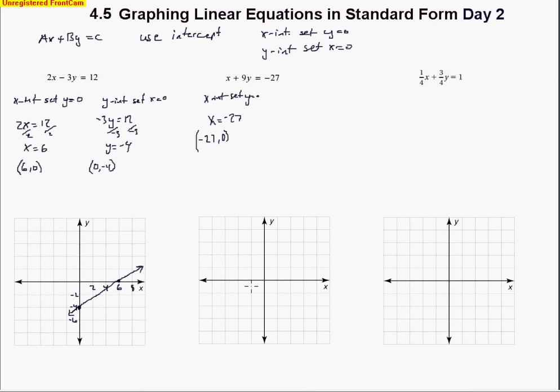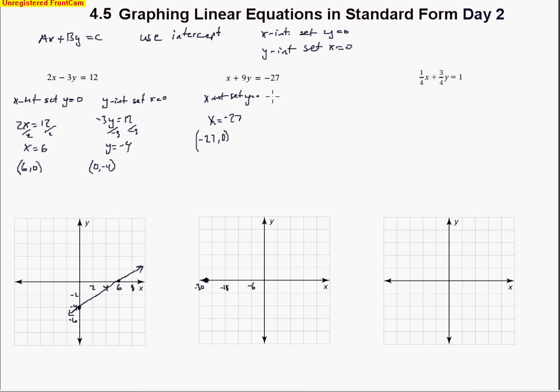This is negative 6, negative 12, negative 18, negative 24, and then negative 30 would go right here. So we'll put it halfway between negative 24 and negative 30, and that's our first point at negative 27.